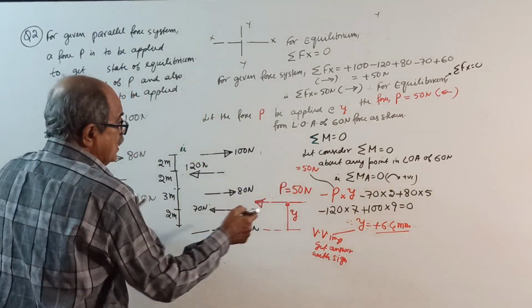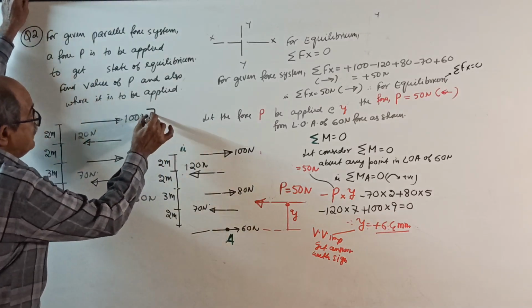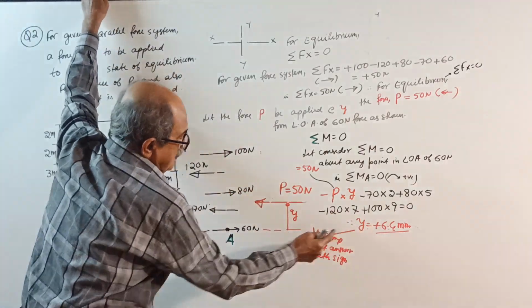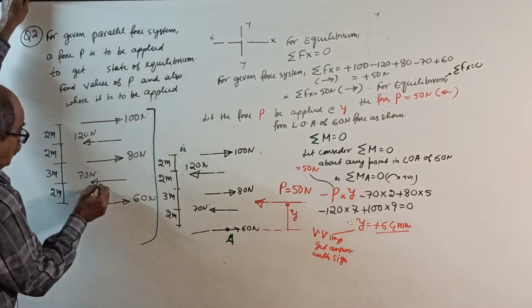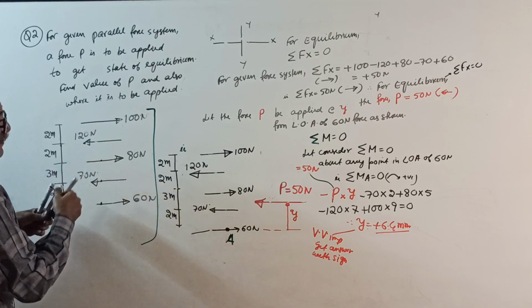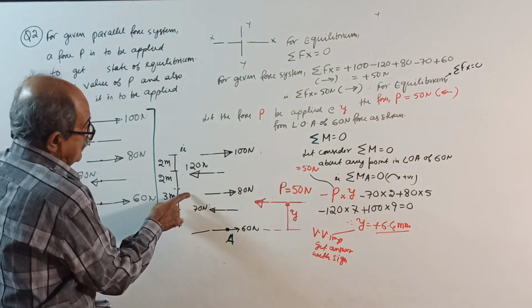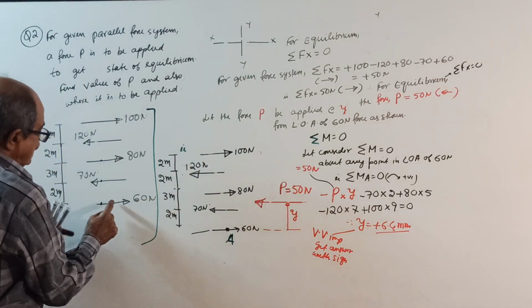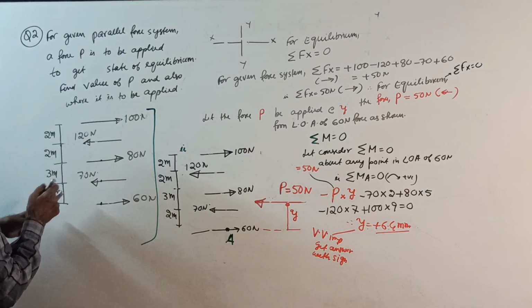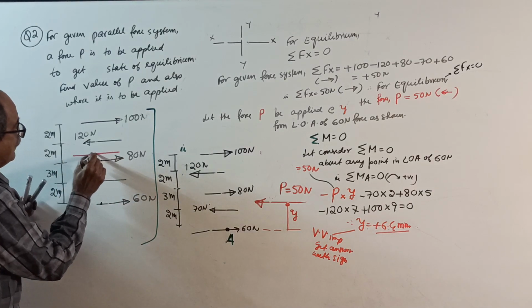Therefore, you can do one thing. Come back to the sketch once again and mark the force here. 6.4 means 2 plus 3, 5. See, the force P is to be applied somewhere here. You can draw one more sketch.